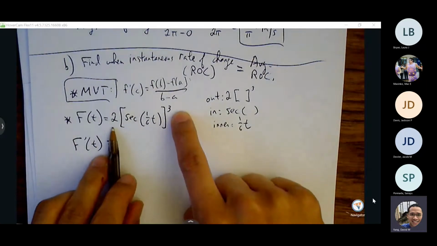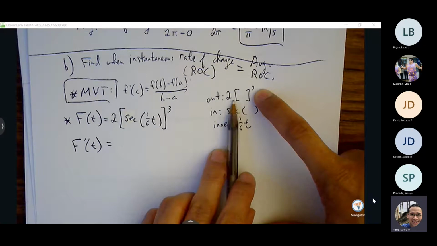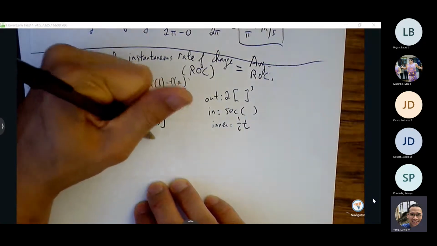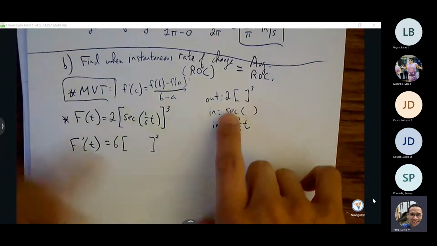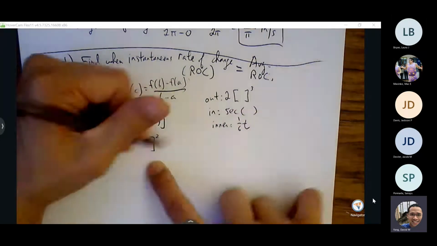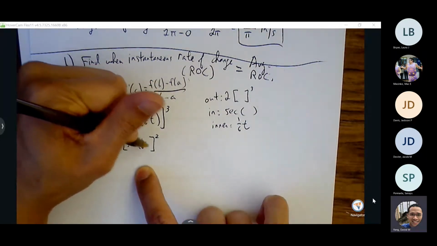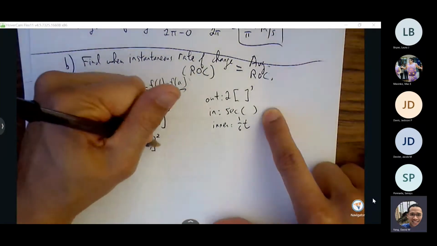Okay, outside's derivative, bring down the power, go through the power rule, 6 bracket squared. Keep the inside intact. Times the inner function's derivative.